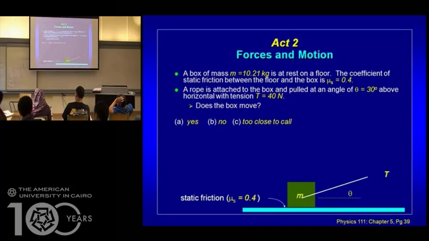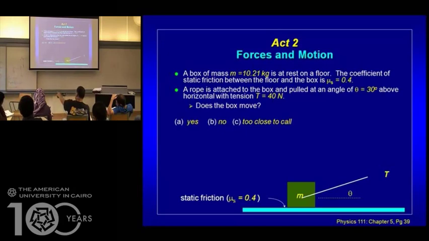So this is 80.16 times 0.4. And this quantity, 40 cosine 30, that's 40 point something, obviously.